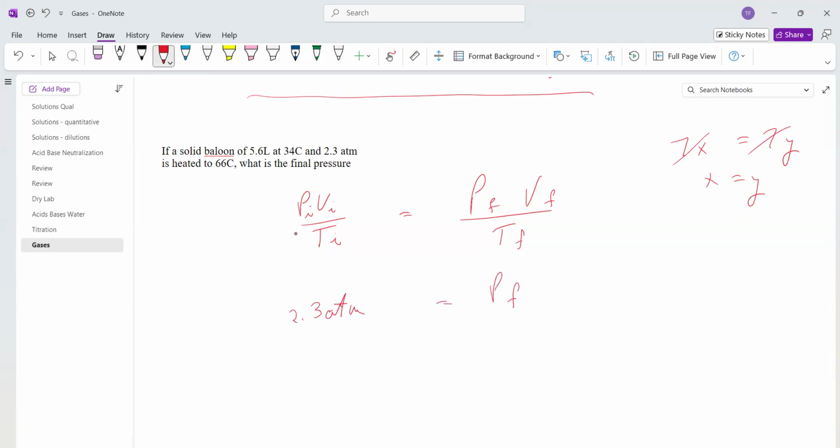The volume, because it's solid, does not change. Temperature: this is initial conditions, final conditions. The initial temperature is 307 Kelvin.